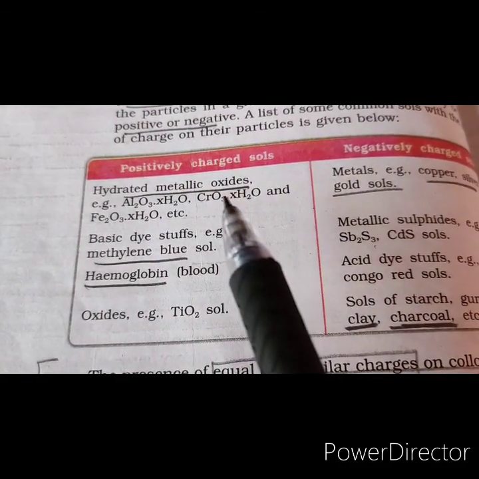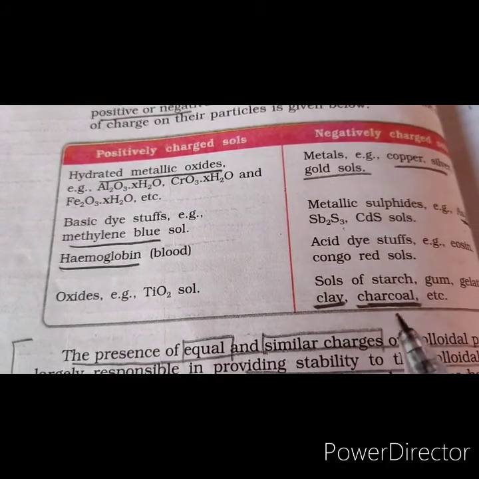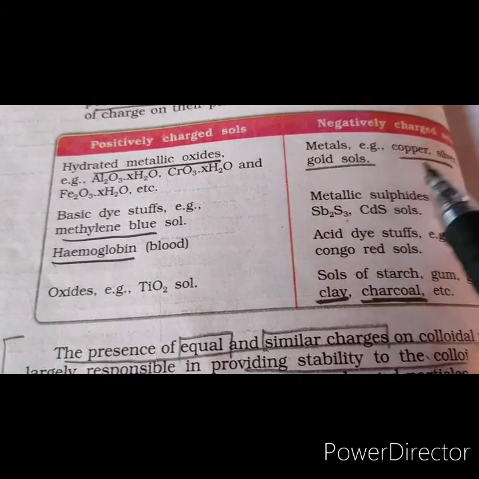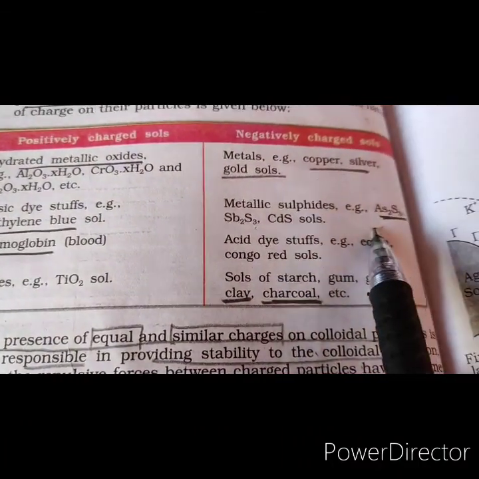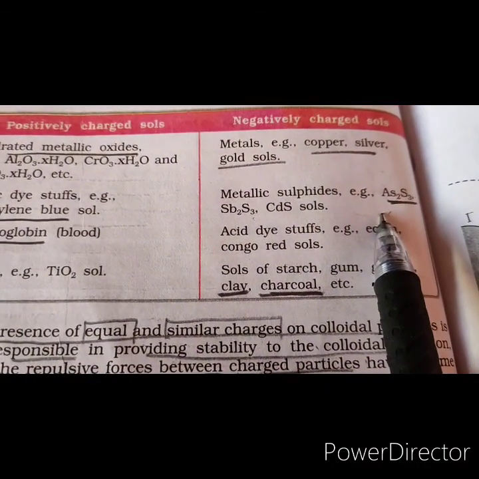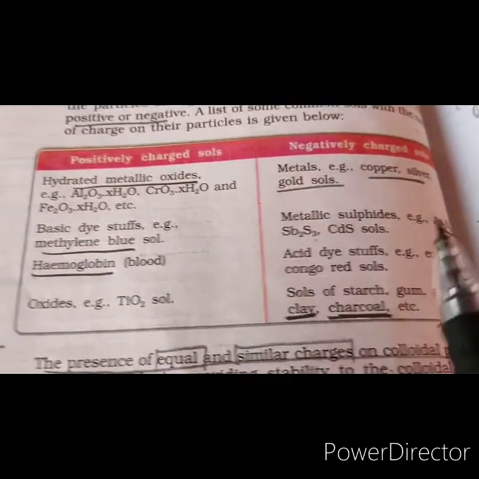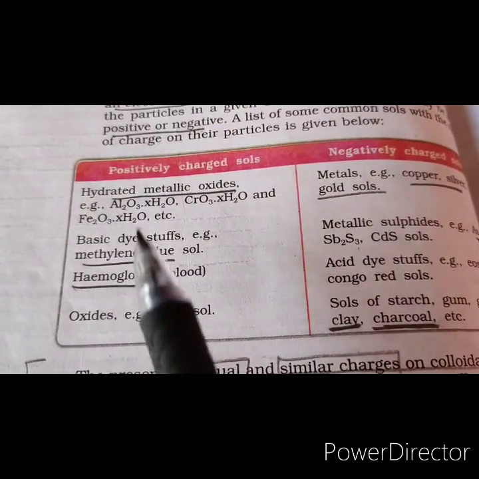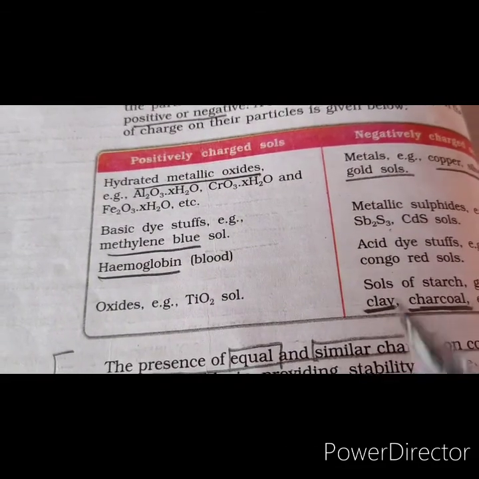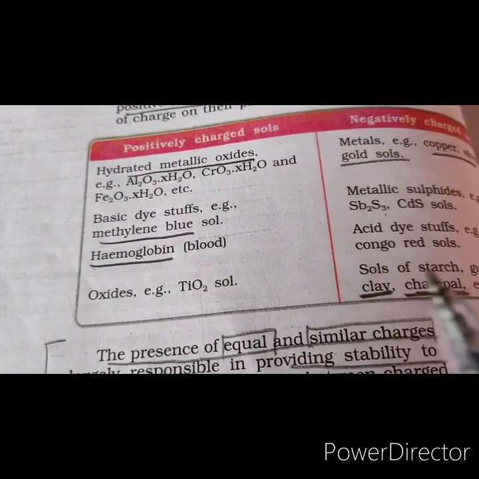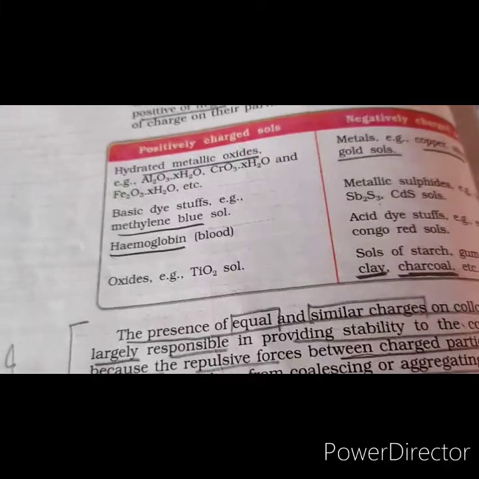Hemoglobin is a positively charged sol. Clay and charcoal are negatively charged sols. Copper, silver, gold are negatively charged sols. The arsenic sulfide, which you prepared by double decomposition, is a negatively charged sol. Methylene blue is a positively charged sol. Hydrated metallic oxides are positively charged sols. So please go through this table. A question can come from this table.